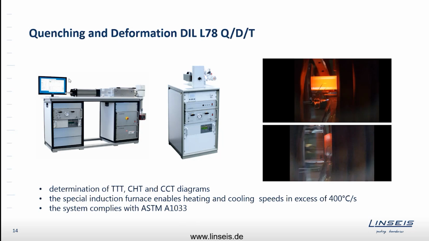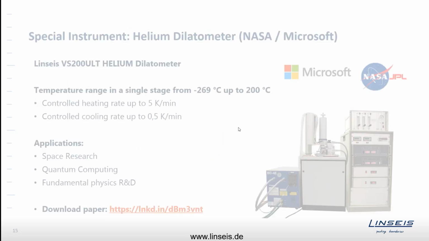But for all these forging companies, steel manufacturers, this is very crucial information, and we sold quite a lot of instruments out of this series. And by the way, we are one of 2 manufacturers worldwide that offer that kind of system. That's a very special form of our dilatometers.